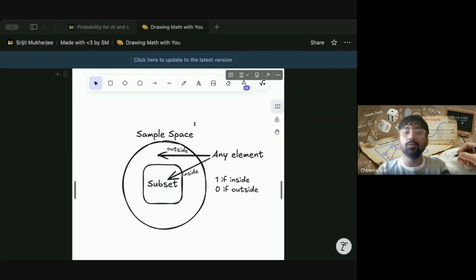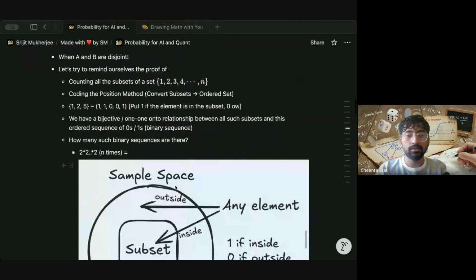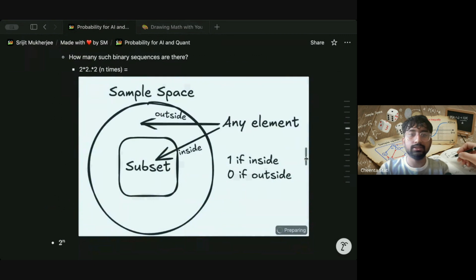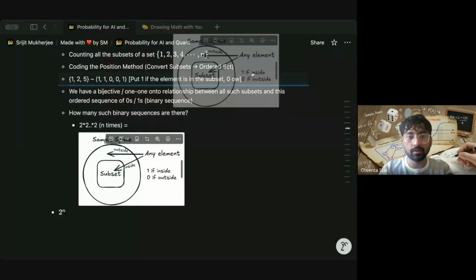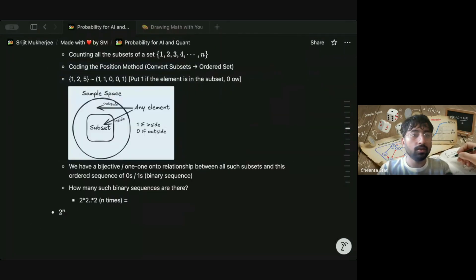We are essentially counting 1 if inside, 0 if outside. So we are essentially counting this. All good? All of you understood this, guys? 1 if inside.